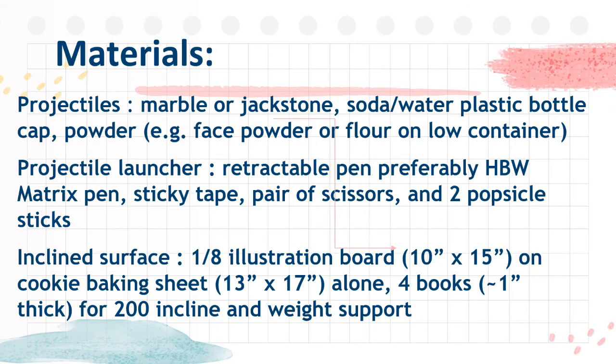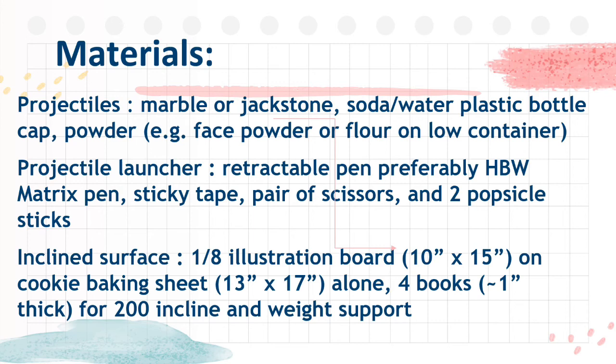Materials. For the projectiles, we need a marble or jackstone, a soda or water plastic bottle cap, and powder, for example, face powder or flour in a low container. For the projectile launcher, we need a retractable pen, preferably an HBW matrix pen, sticky tape, a pair of scissors, and 2 popsicle sticks.